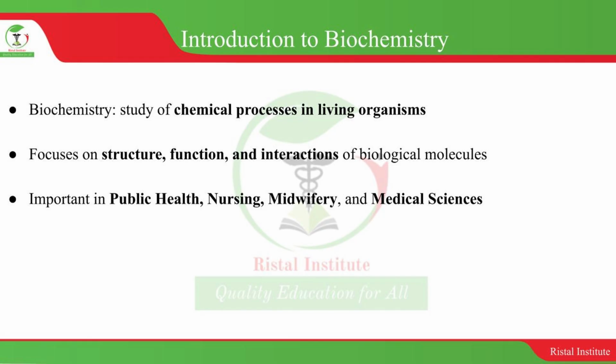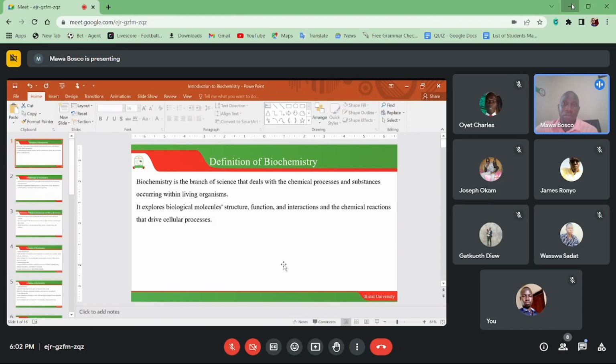It deals with the study of chemical reactions of substances within organisms. We look at the chemical structure of these molecules, their function, and their interactions within the cells. So why is this very important?